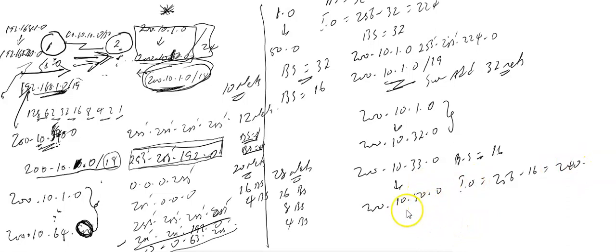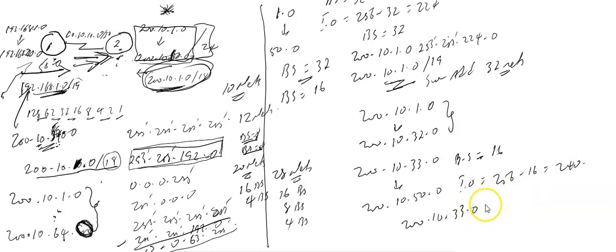So the summary address for the next 16 network addresses will be 200.10.33, because that's the least in the range, as you have 33.0 to 50.0 left. So the network address will be 33.0, not 1.0. Very important. So 33.0.